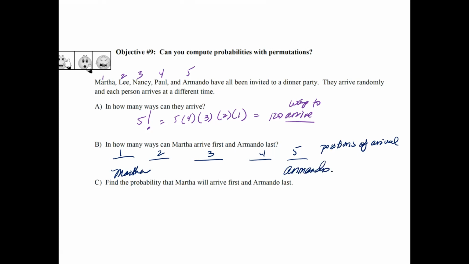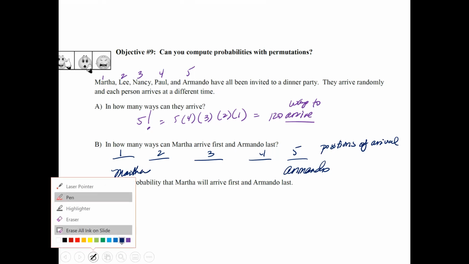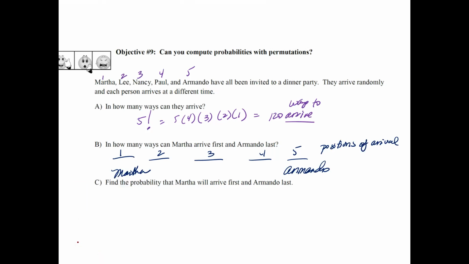Maybe they're boyfriend and girlfriend, they don't want to come at the same time because they broke up, and so they have to avoid each other. So then you have 3 more spots left. That's going to be 3 factorial, which is 3 times 2 times 1, or 6.